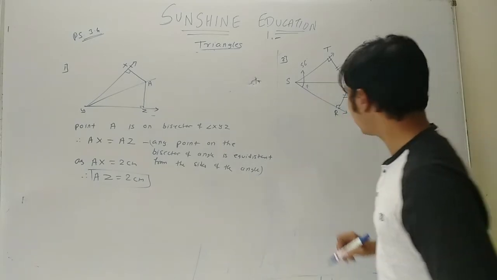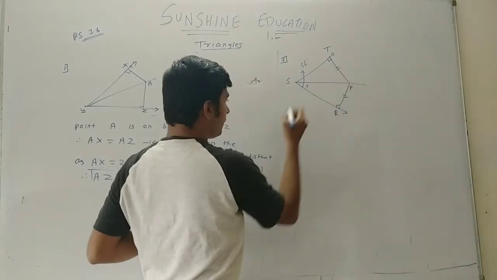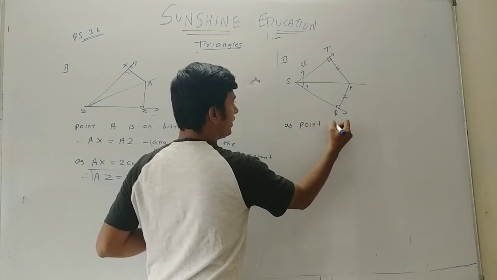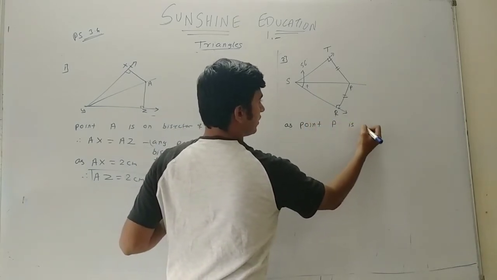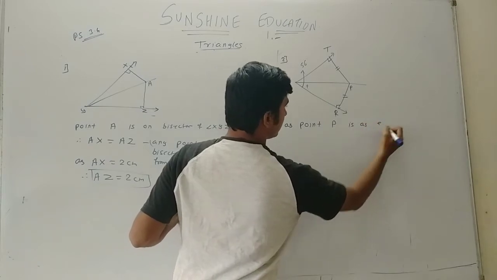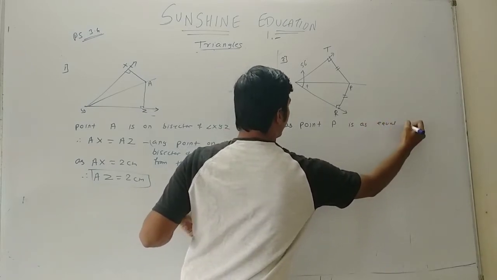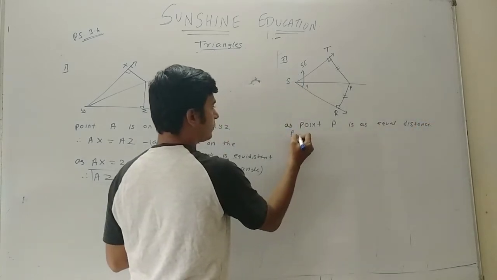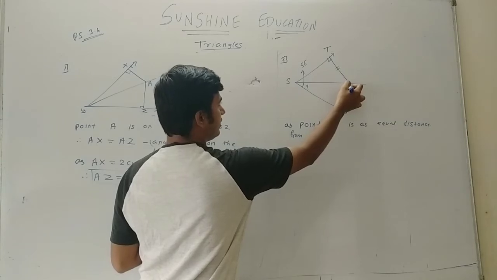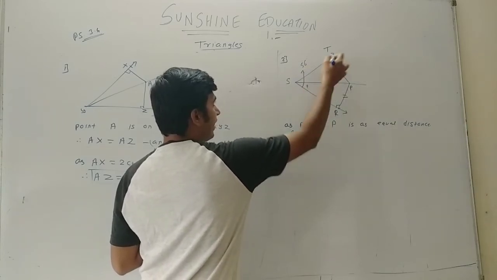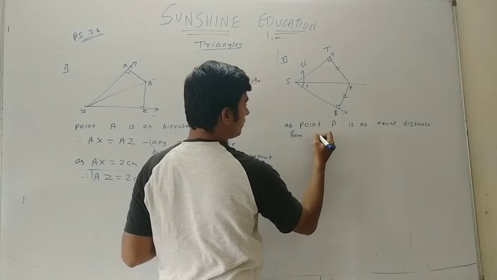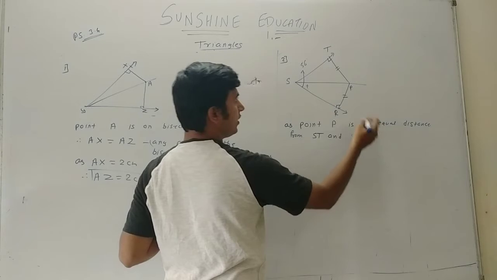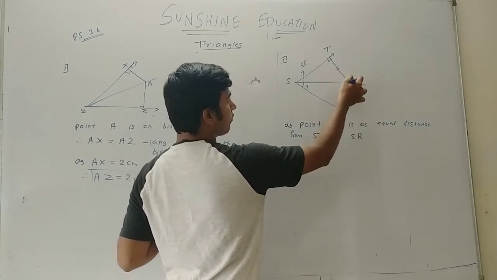And to find this, okay. See, we know that point P is at equal distance from ST and SR. How could we know that P is at equal distance from ST and SR?